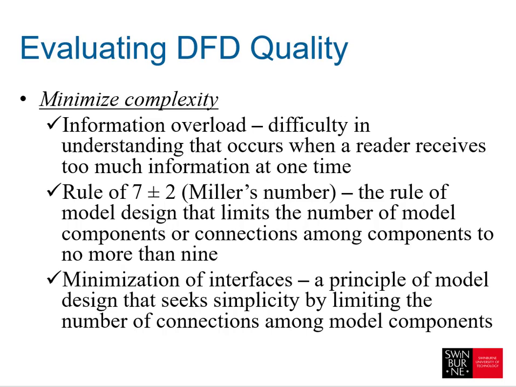7 plus or minus 2, or we call it Miller's number. The Miller's number rule, 7 plus or minus 2, is derived from psychology research, which shows that the number of chunks of information that a person can remember and manipulate at one time varies between 5 and 9, right?